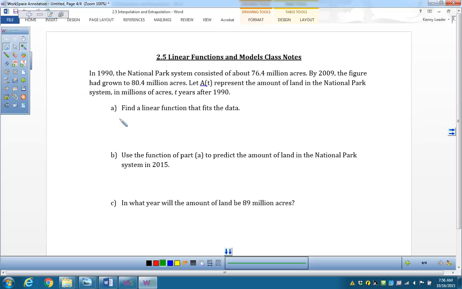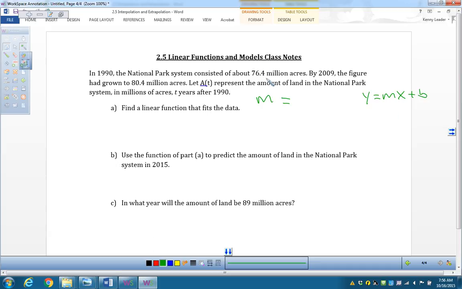Let A of T represent the amount of land in the national park system in millions of acres. Find A of T, T years after 1990. First I need to find the slope. We're going to make a linear equation like y equals mx plus b, in slope-intercept form.